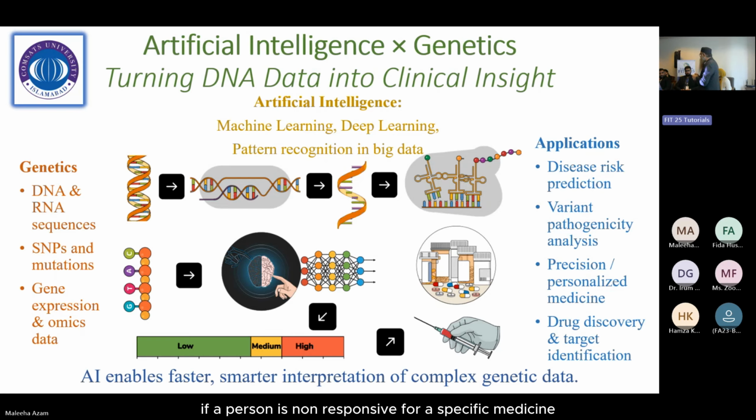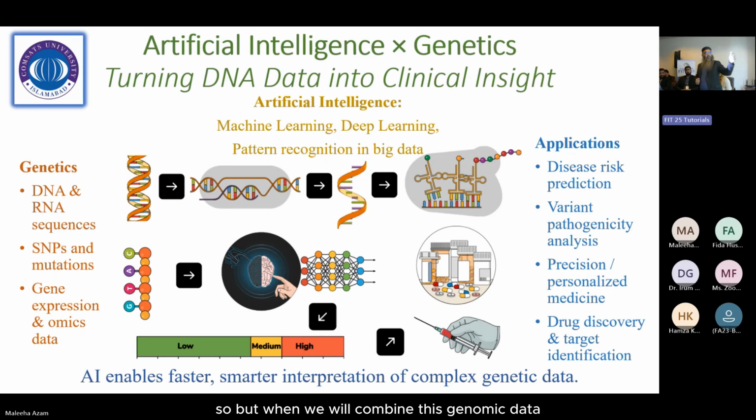If a person is non-responsive to a specific medicine, imaging data alone will not be able to cater to that patient. And sometimes when they are continuously taking some medicines, there are other side effects also. So instead of correcting the real problem, that medicine is creating many more problems.